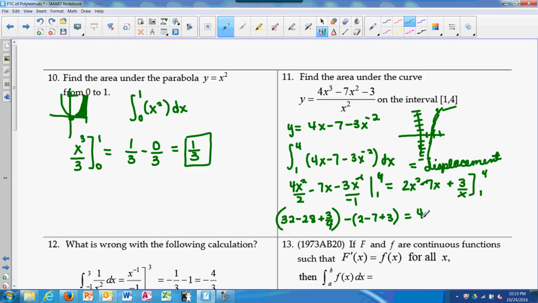So I have 4 3/4 minus, this comes out to be 2 minus 7 plus 3 is a negative 2 overall. So minus a negative 2 makes a plus 2. So I have 6 3/4, but you tend not to see your AP exam questions written that way. It'd be written as 27/4. So they prefer improper fractions over mixed numbers.